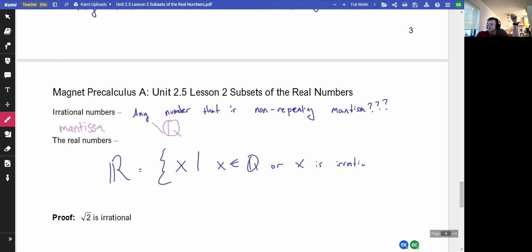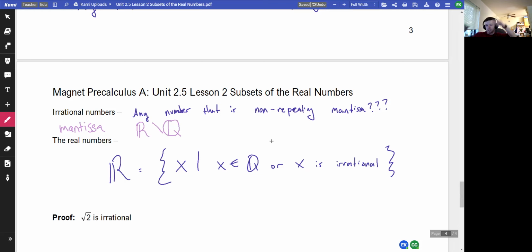Do we have a set symbol for the irrational numbers? I think it's reals minus rationals. Sure, reals minus rationals.